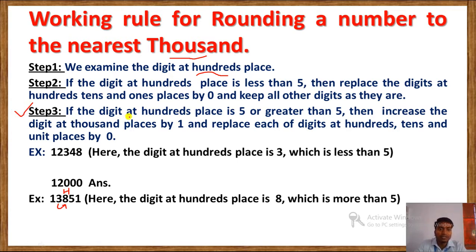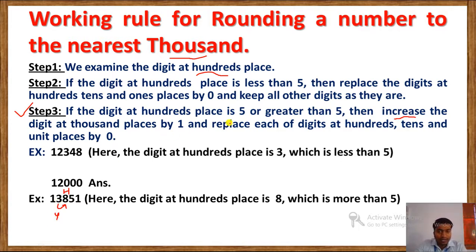If the digit at the hundreds place is 5 or greater than 5, then increase the digit at the 1000 place by 1. So here we have 3, we have to increase by 1, so this will become 4.